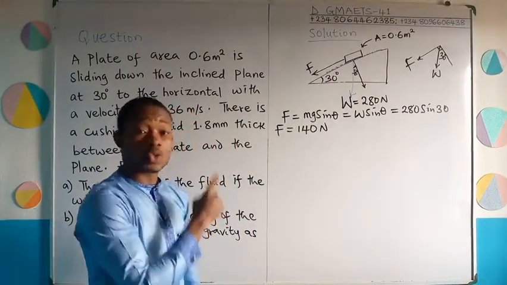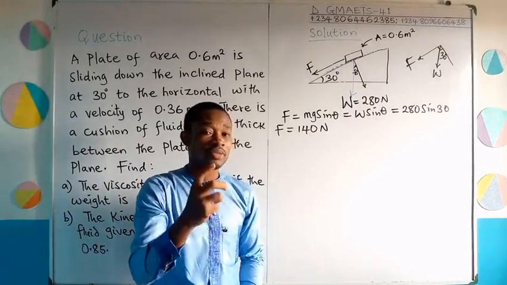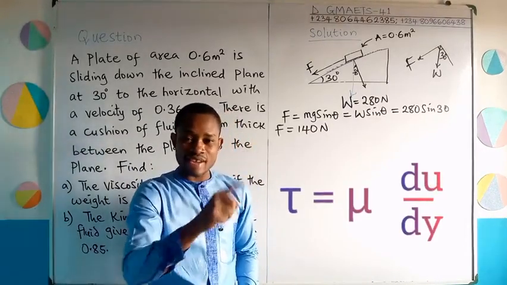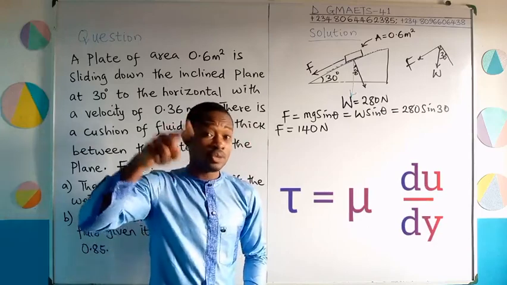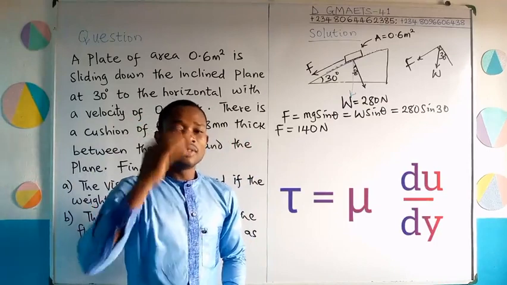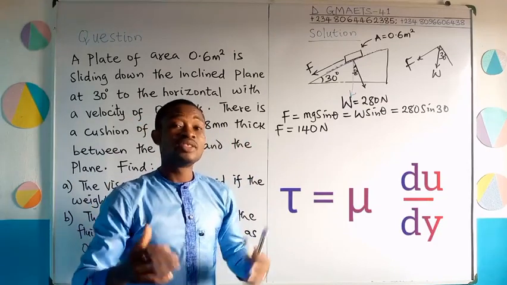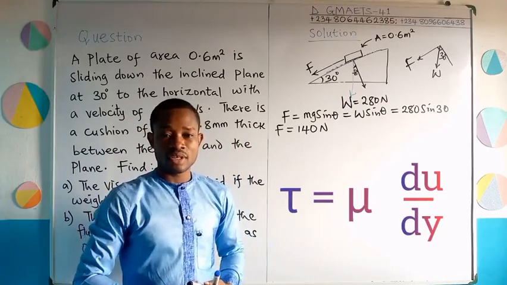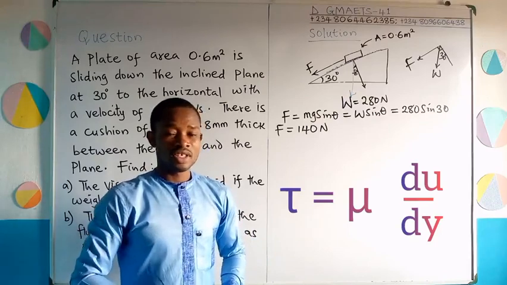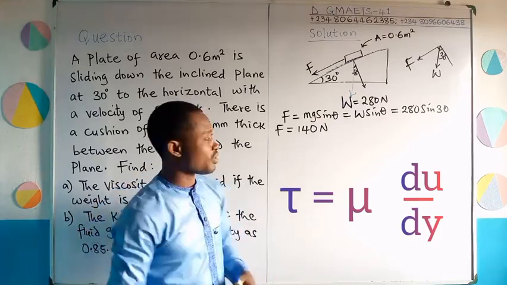Alright, so we have gotten the force. We need this force in this calculation because from Newton's law of fluid, shear stress, which is force over area, is equal to mu, that is dynamic viscosity, times du dy, where du is the velocity and dy is the fluid thickness. So du dy, we call it the shear strain or the velocity gradient.